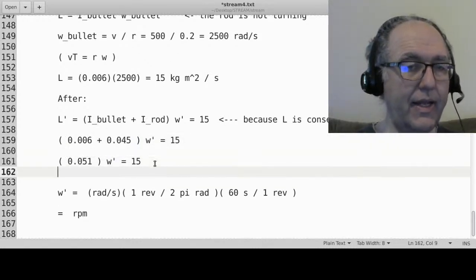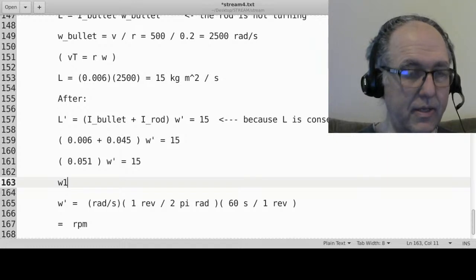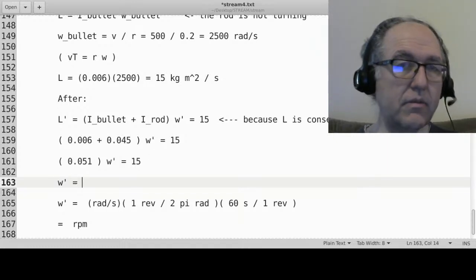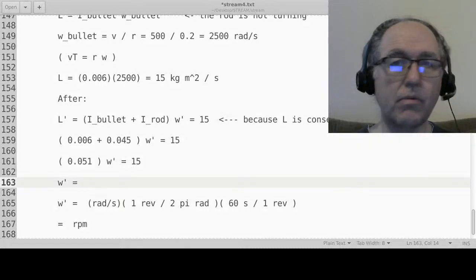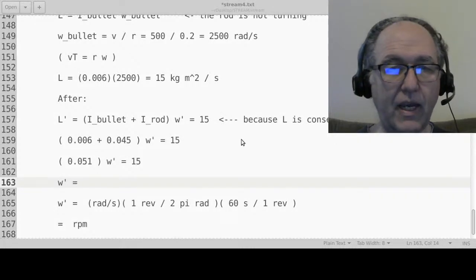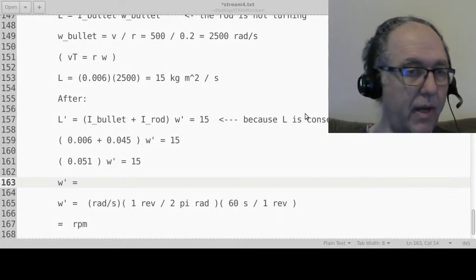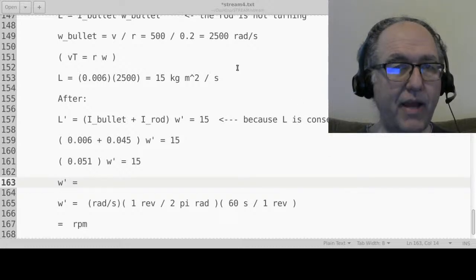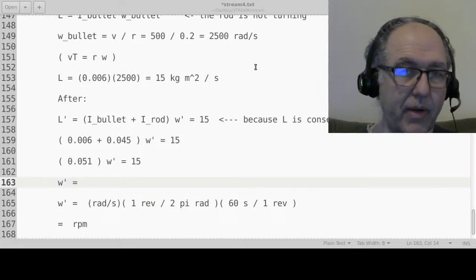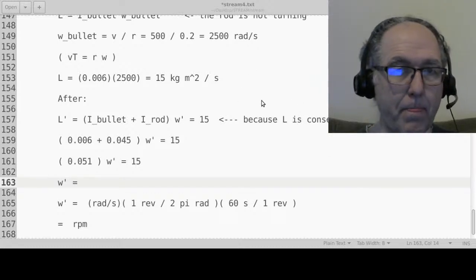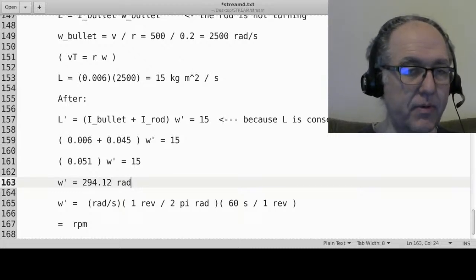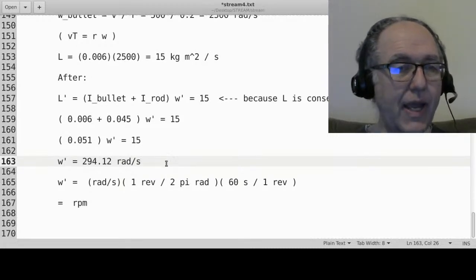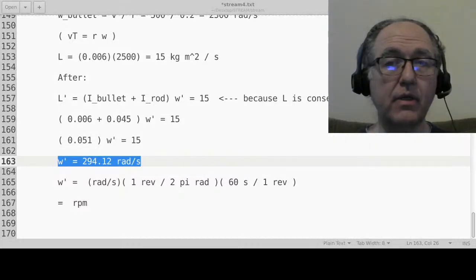And then I get that omega prime is equal to 15 divided by 0.015, and I get this number right here, radians per second. That is the answer.